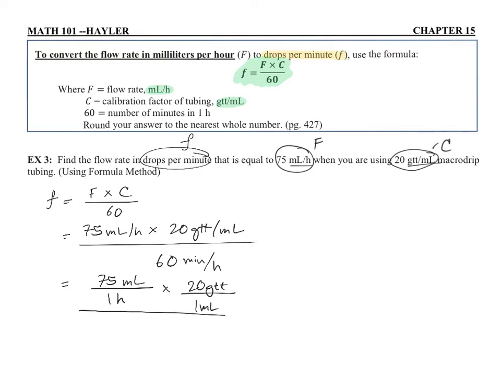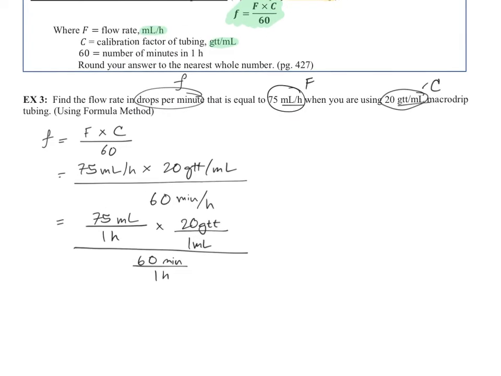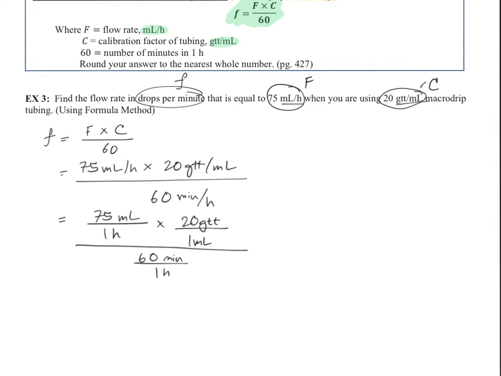Got all those fractions going on. Alright, let's see what we can cancel out. From the top and bottom of these two fractions, we can cancel the milliliters. And then from the top and bottom of this fraction and this fraction, we can cancel the hours. So it's a complex fraction. All of the denominators have now canceled out, so we can go back to a regular fraction.